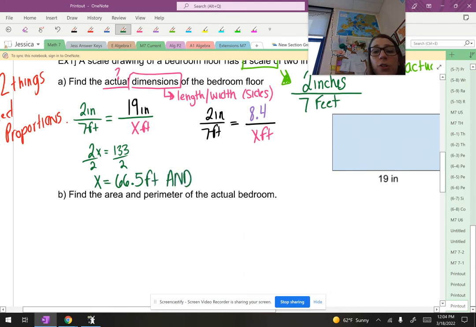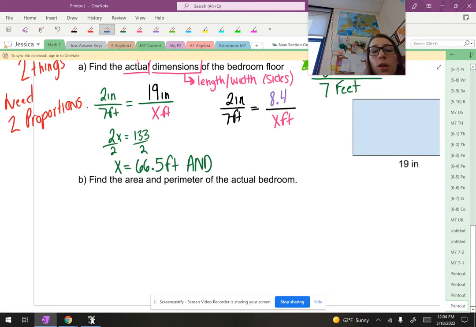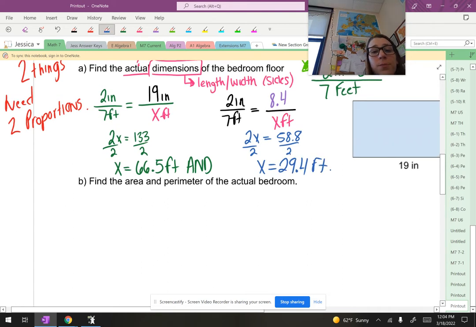And I got to find my other dimension. So looking at my next proportion here, 2x is going to be equal to 8.4 times 7 is 58.8. Divide by 2 on both sides to get x equals 29.4 feet.